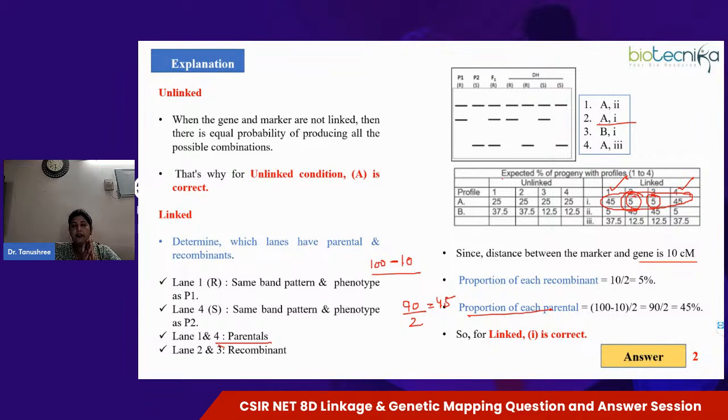And even when you are looking at linked, first read the band profile which is given, find out which are parental and which are recombinant. Then it is already mentioned in the question that the distance between marker and gene is 10 centimorgan, so you can calculate the proportion of each. Because this is the proportion which is given: percent expected, percent of progeny with profile.